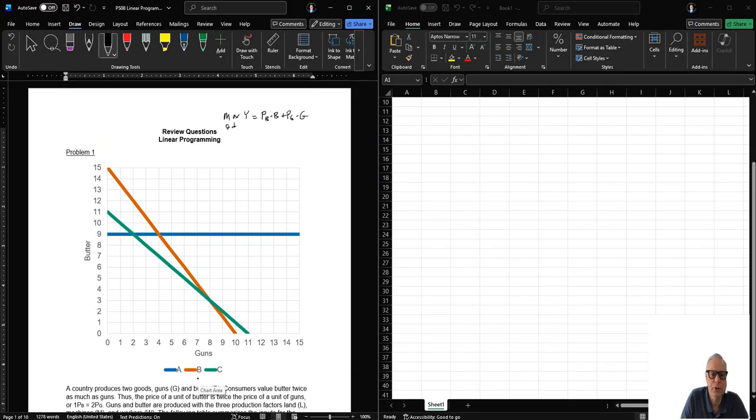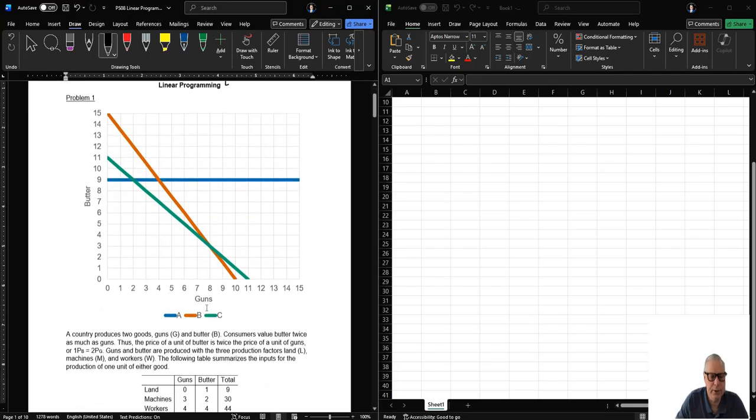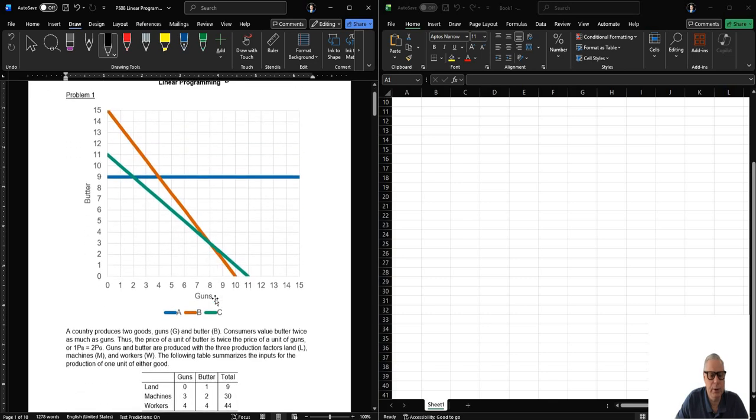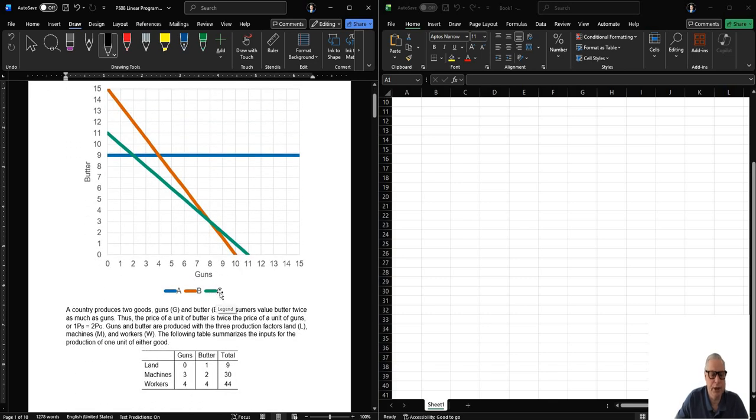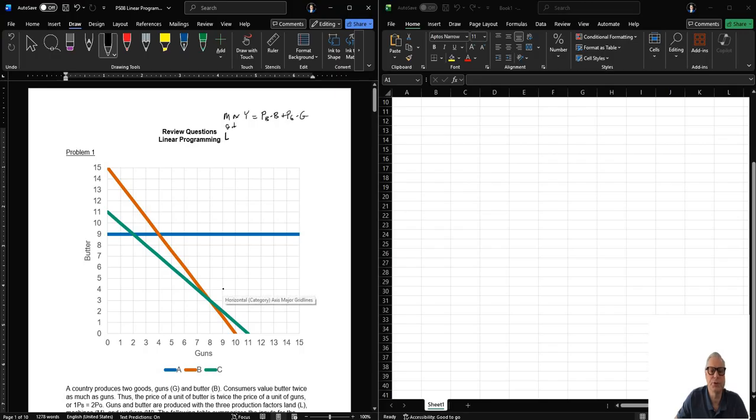So now the land constraint can be written as: for any butter that we produce, we need 1 unit of land, but 0 for guns. So that's 0 for guns, and we have a total of 9 units of land.